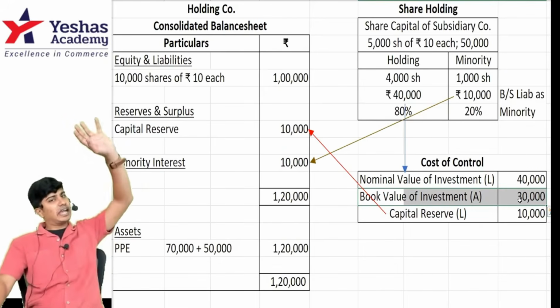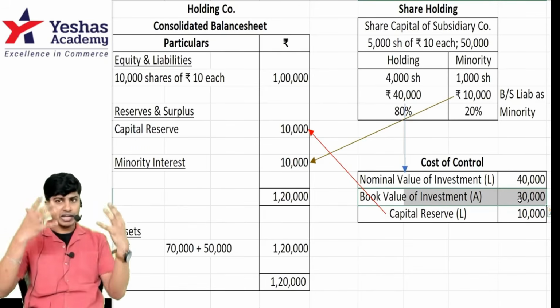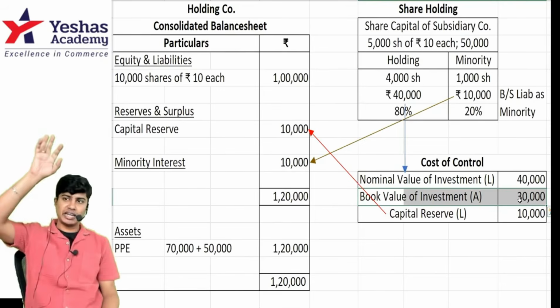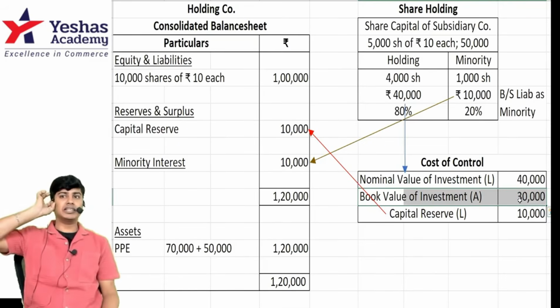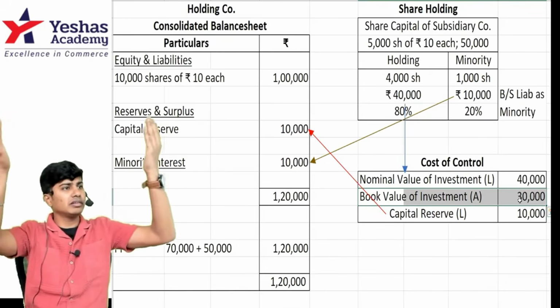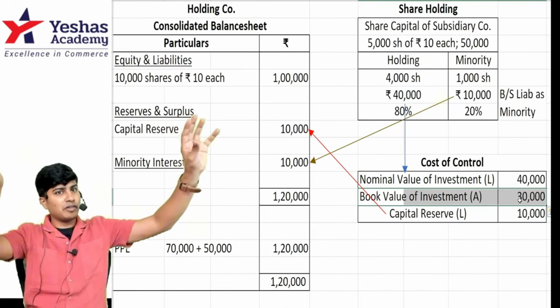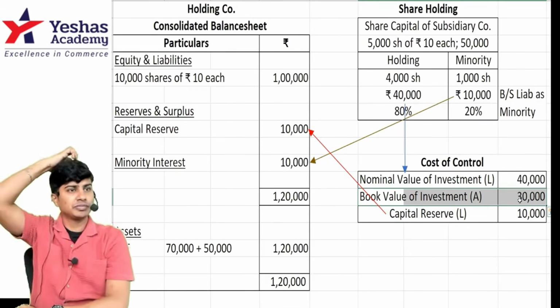Holding company's share capital is written in the consolidated balance sheet. Subsidiary share capital, split it into two: holding and minority. The minority share in the share capital of the subsidiary is posted to the balance sheet.